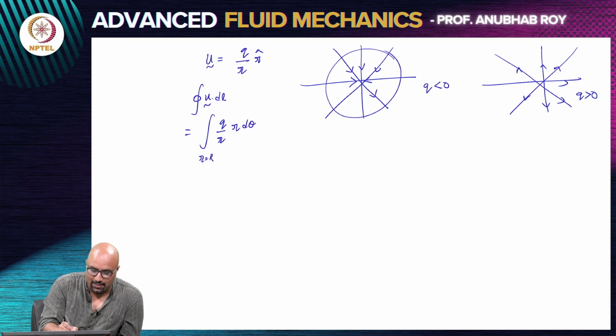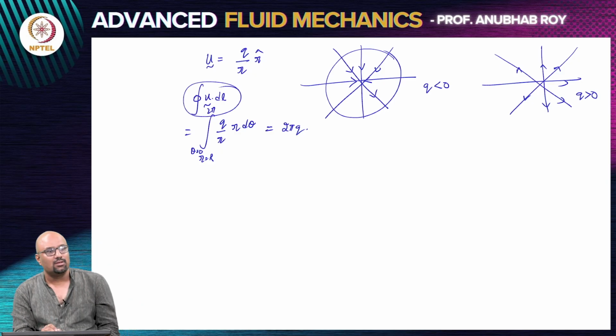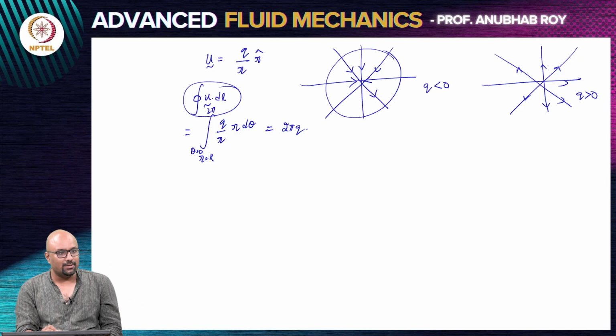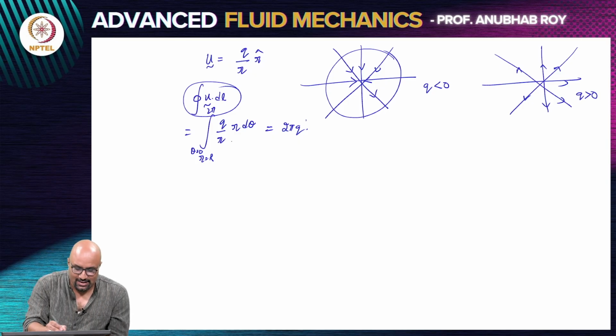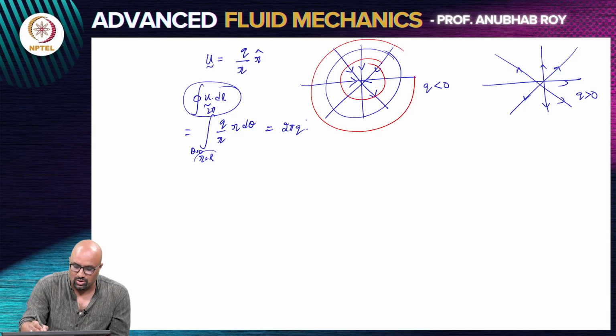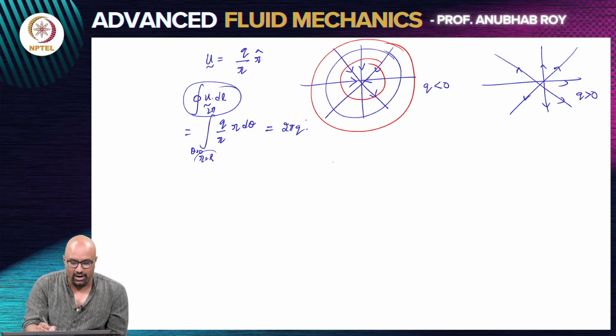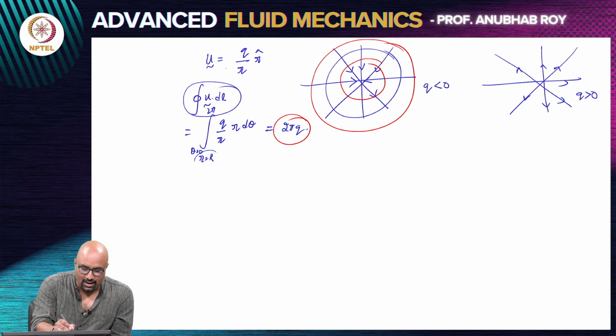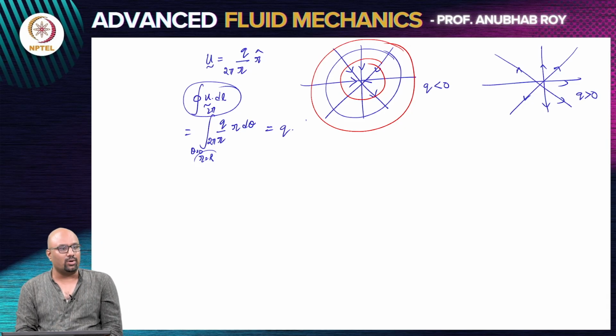So, at r equals capital R, theta goes from 0 to 2 pi, this gives me 2 pi times q, and this has units of volume flow rate per unit depth. So, irrespective of any particular radius, you can choose any radius, the volume flow rate per unit depth is given by 2 pi q. So, you can redefine it and put a 2 pi here, in which case q actually is the volume flow rate per unit depth.